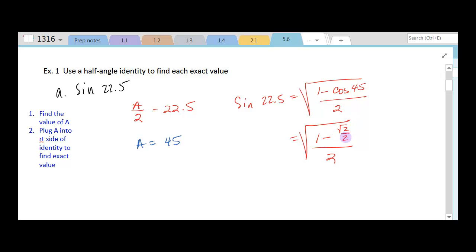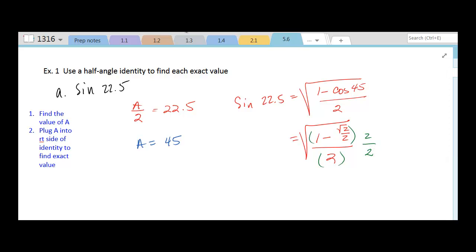From here, I want to try and simplify this by getting rid of these complex fractions. So I want to multiply through by one number that would get rid of them. Since this denominator up here is a 2, and this denominator down here is also a 2, then I can multiply the top and the bottom by 2 over 2 to get rid of those fractions.